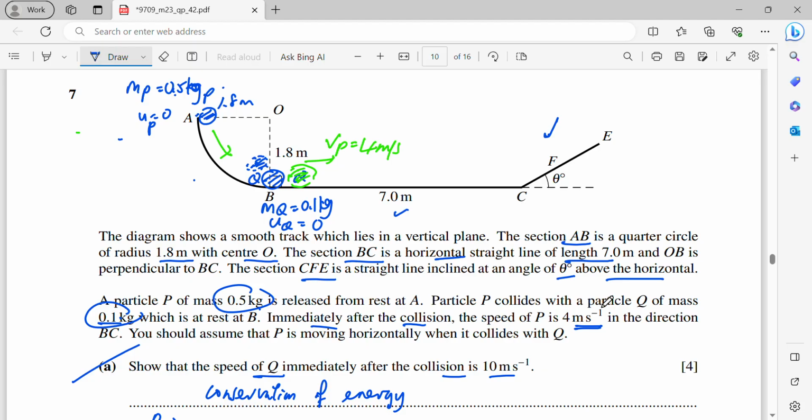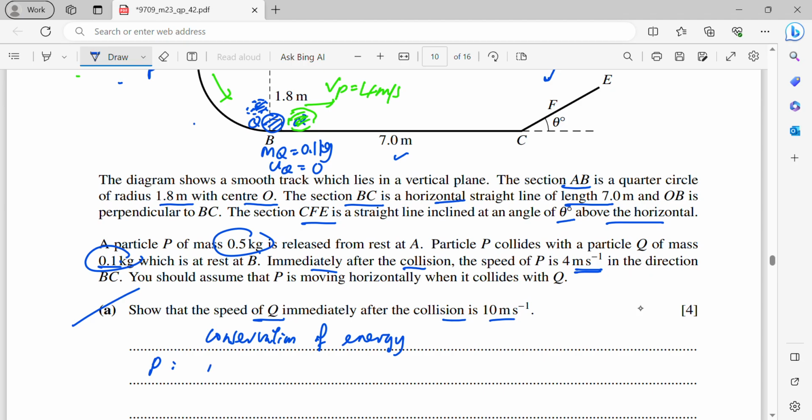So I will say mgh equals to half mv squared. Loss in PE equals gain in KE.